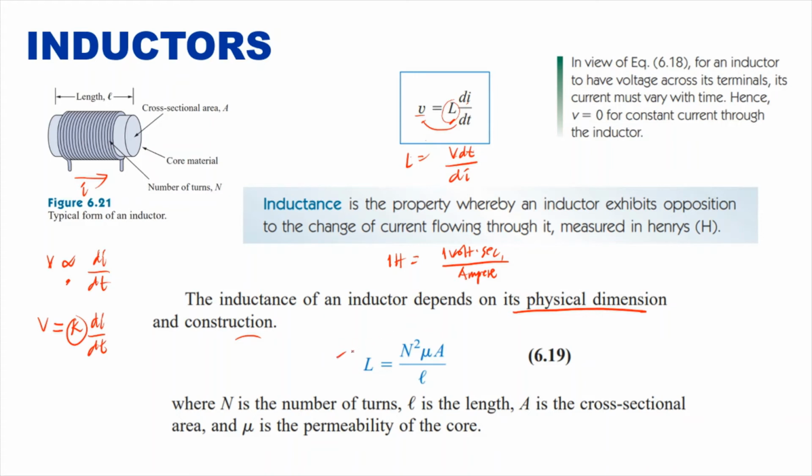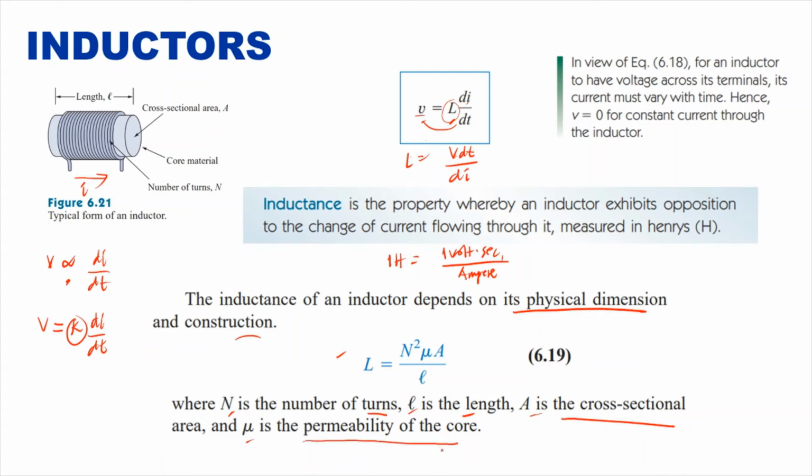One example is this one. It is actually the inductance of a solenoid inductor, which is equal to N squared mu times A over L, wherein N is the number of turns, L is the length, A is the cross-sectional area, and mu is the permeability of the core. Nasa table yan.